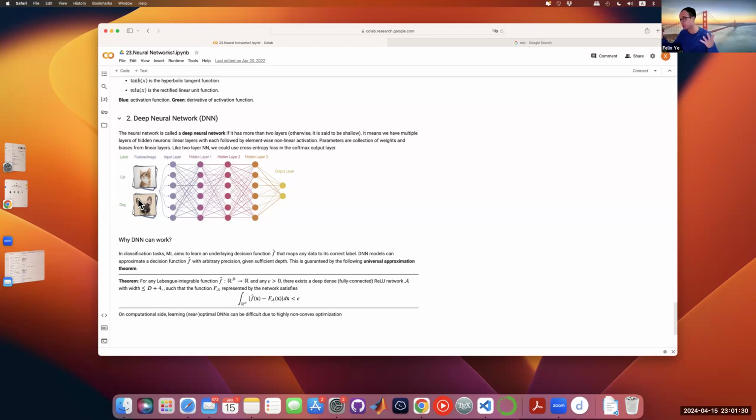For example, pictures taken on your own phone probably have millions of pixels. Then your input layer will have millions of neurons.